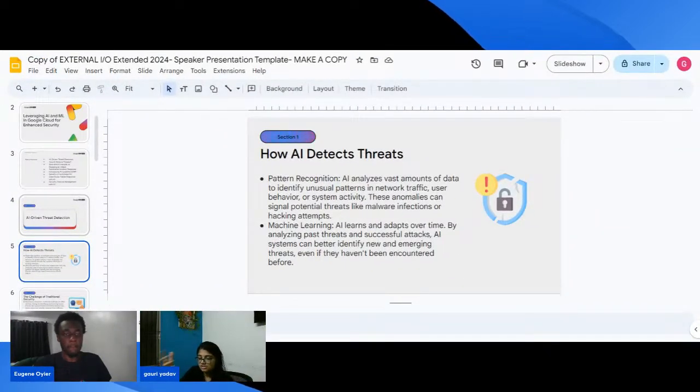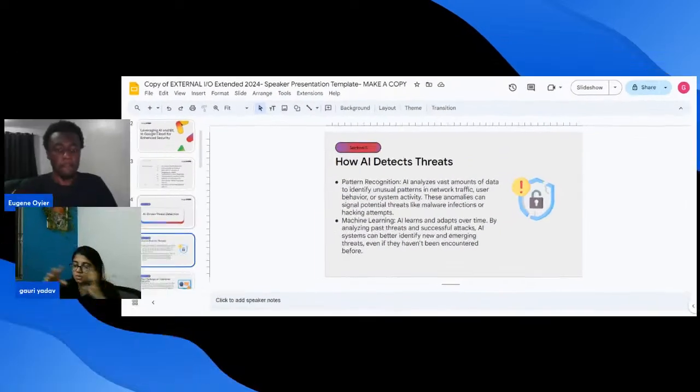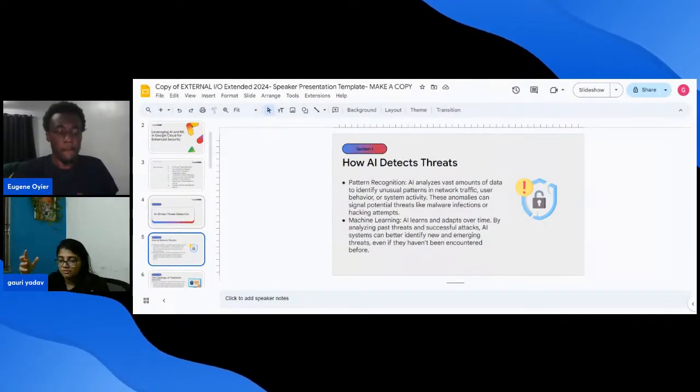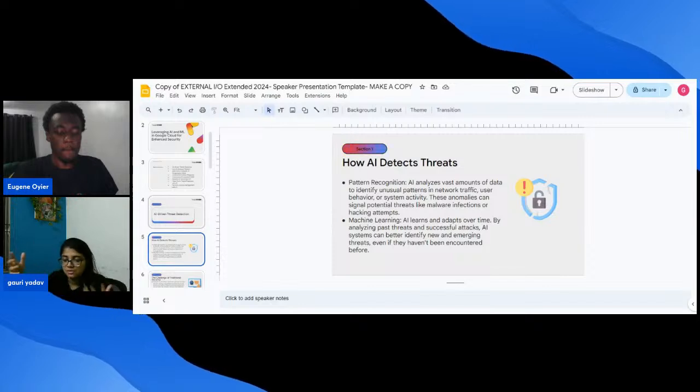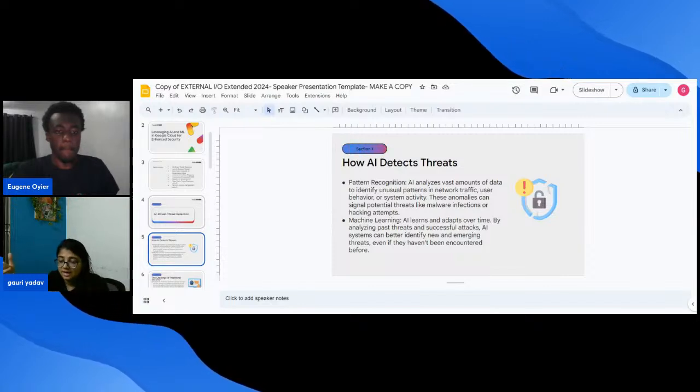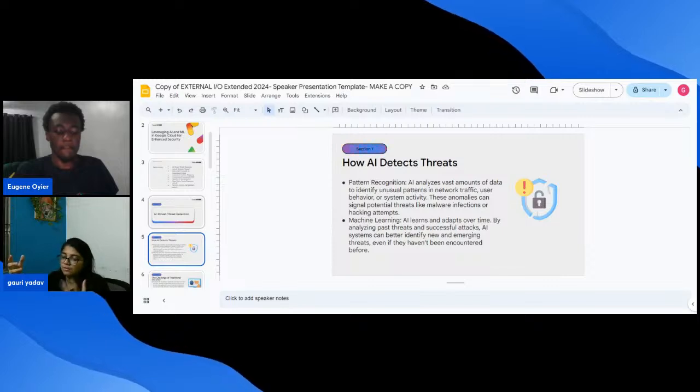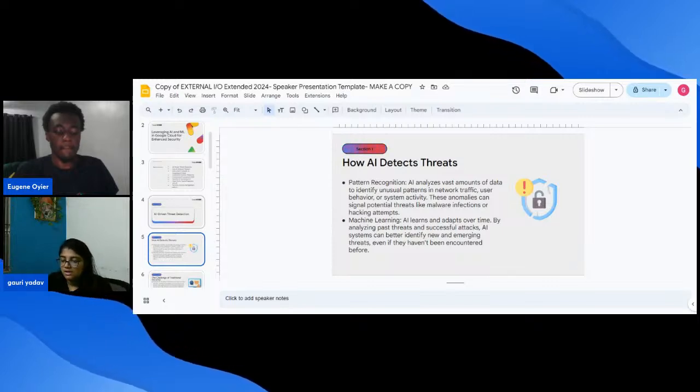AI uses machine learning algorithms to analyze vast amounts of data from various sources such as network traffic, user behavior, system logs, and many more things like that. Basically, a company that collects data can perform these kinds of steps. Now let's understand it with the help of an example.